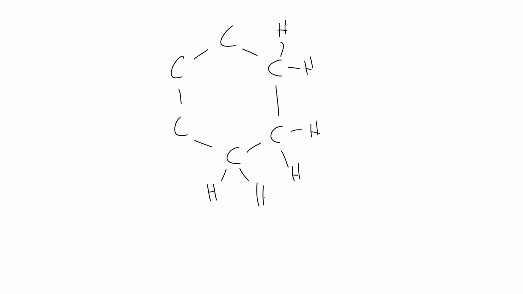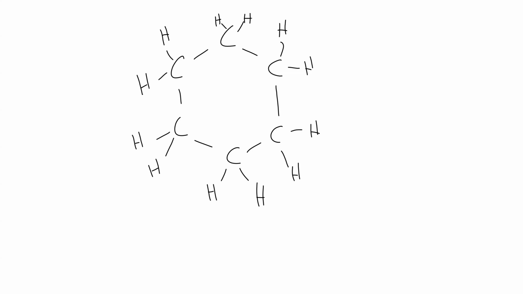So the difference specifically, if we draw out all the complete structure, you can see that each one of those carbons has 2 hydrogens. So all of these carbons are tetrahedral, they're all sp3, and so no resonance happens in this case.